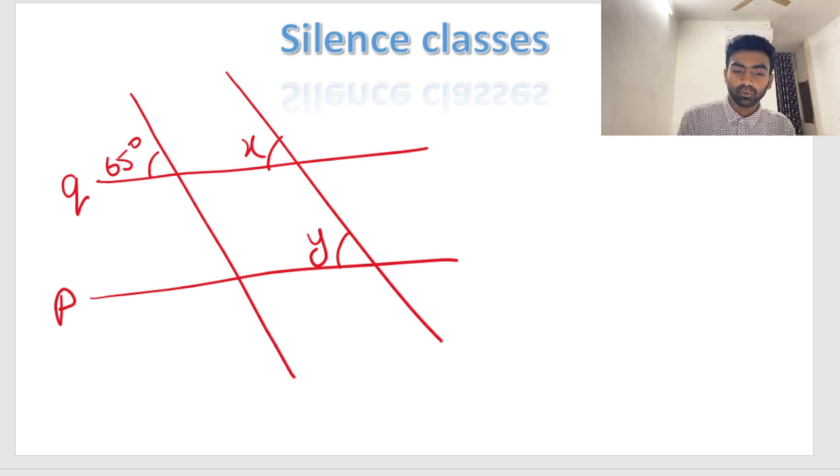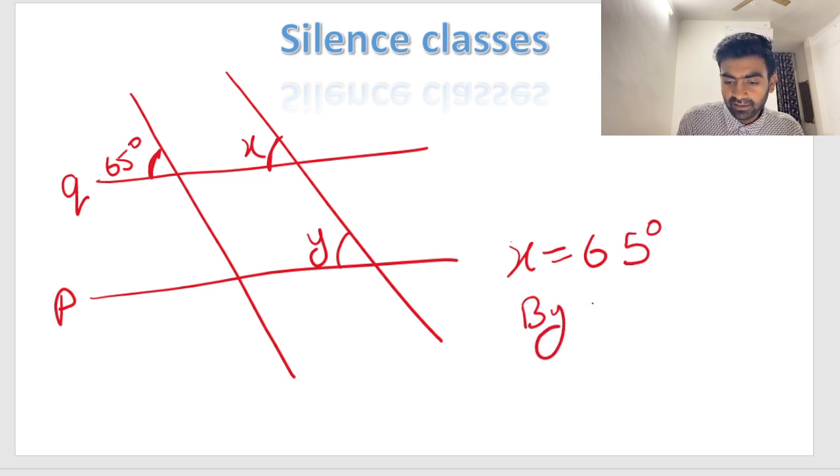So we can say angle 65 and this angle X are corresponding angles. So corresponding angles are equal. So angle X is equal to 65 degrees.